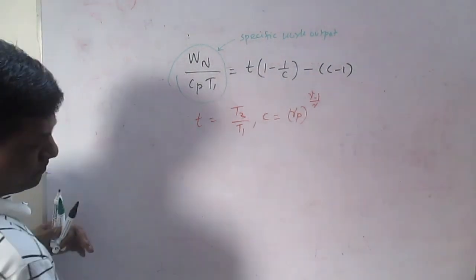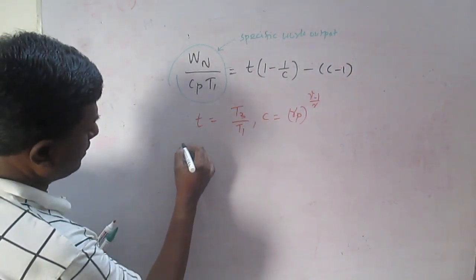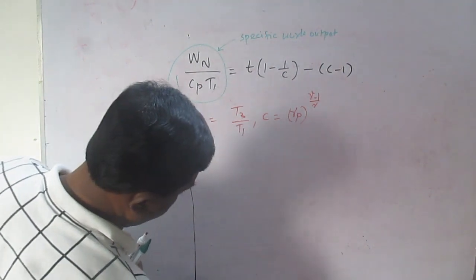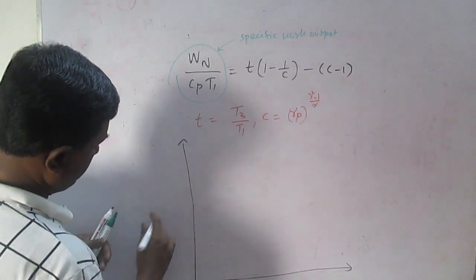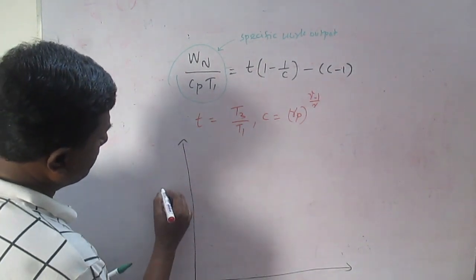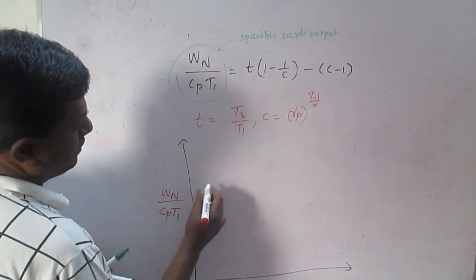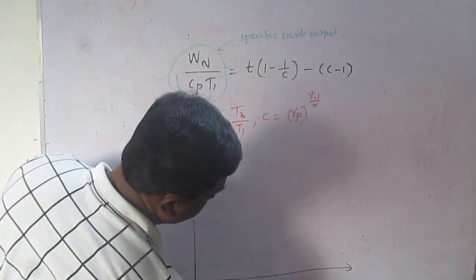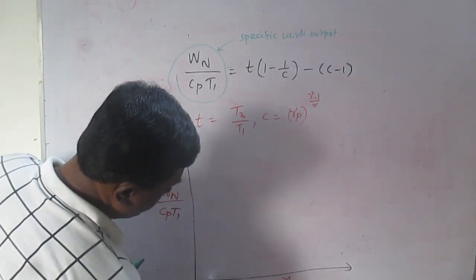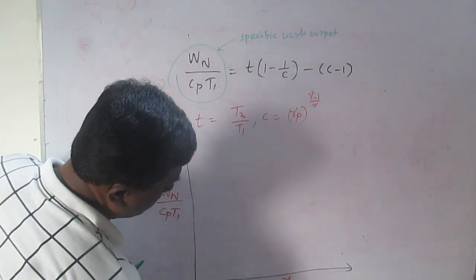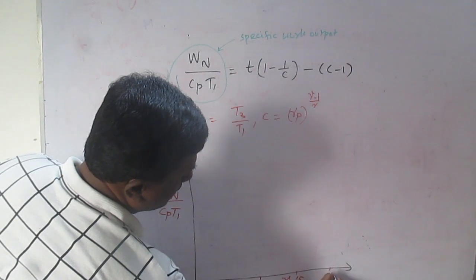This is the graph for the specific work output, Wn by Cp T1, on the vertical axis. The horizontal axis is Rp, which we can mark as 5, 10, 15, then 20.